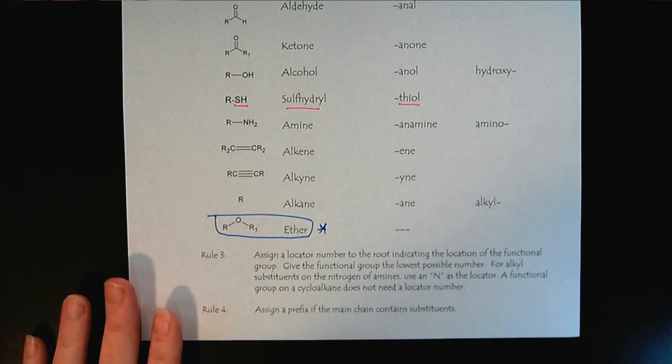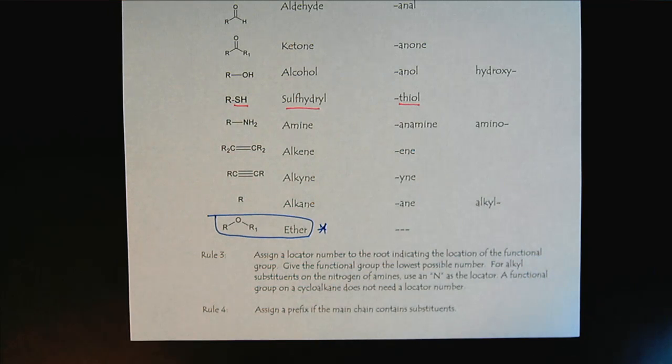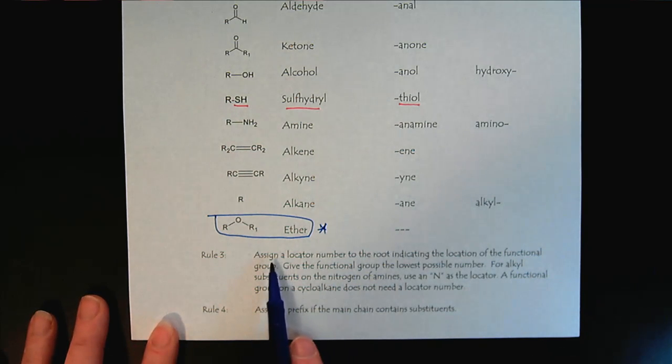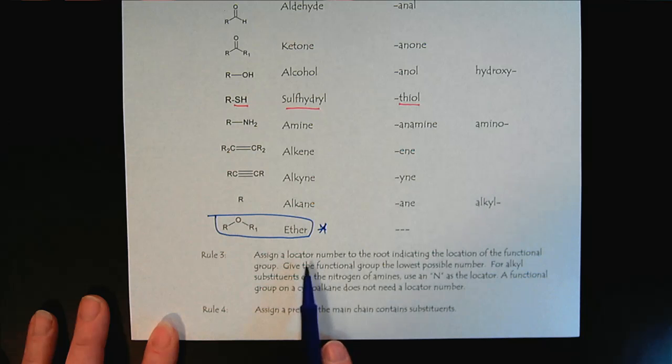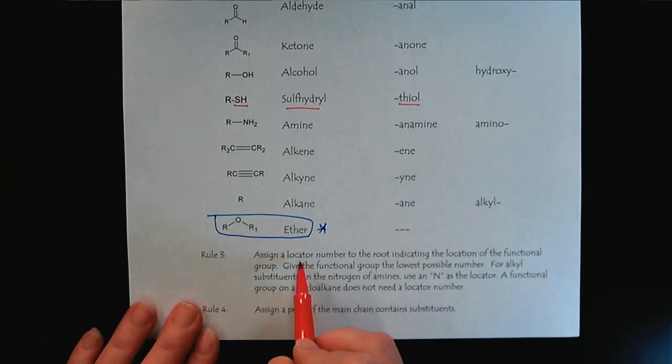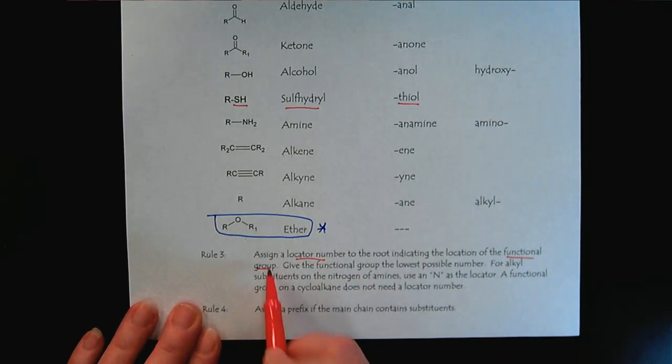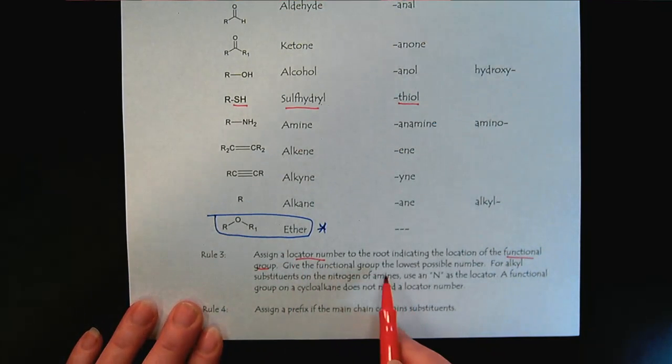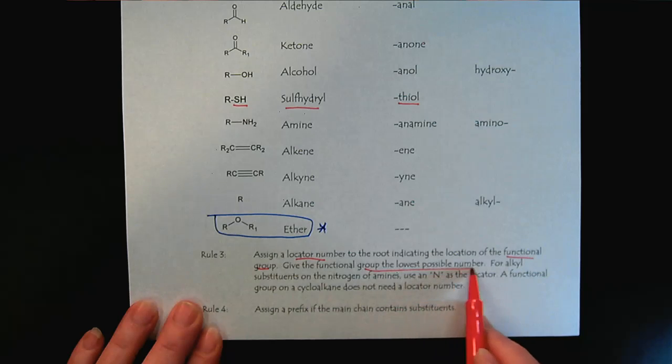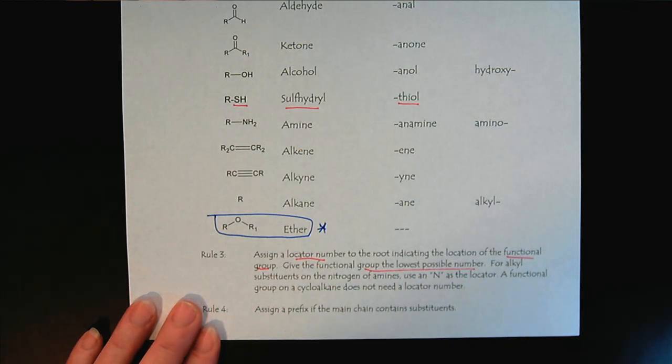And then we use our homologous series, the eth, meth, prop, but type thing, to get the parent name or the root. And then, of course, we're going to have to put a locator number to tell us where the functional group is. And remember, we always want to give the functional group the lowest possible number.